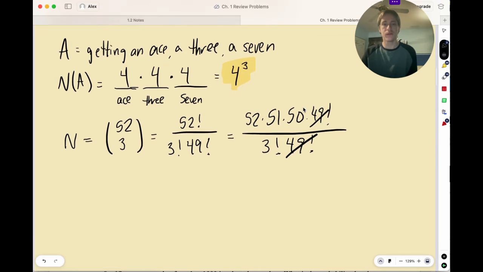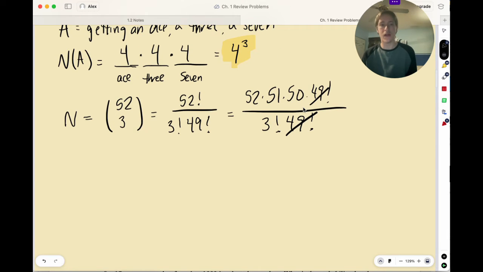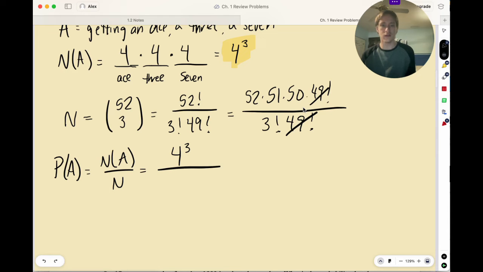Okay. So then we have that the probability of A occurring is the number of ways A can occur divided by the total number of outcomes. And when we divide those, we'll get 4 cubed divided by that fraction, 52 times 51 times 50, all over 3 factorial, which is 6.